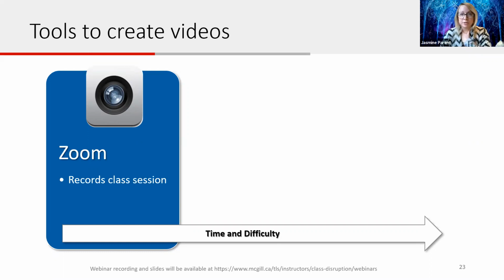You can use features like the screen capture or whiteboard or annotations to interact with your material or potentially highlight important things. The cons are that it's somewhat limited to recording just what's going on in that moment. You don't really have the opportunity for any sophisticated editing or adding any additional media once your lecture is recorded.